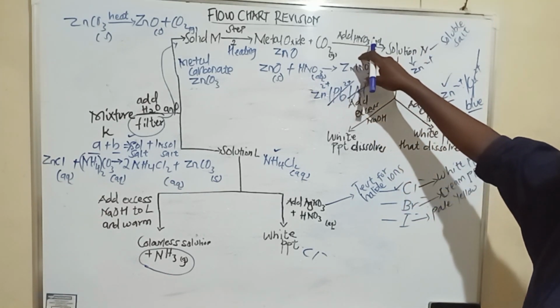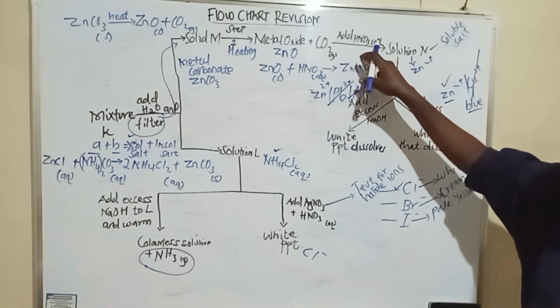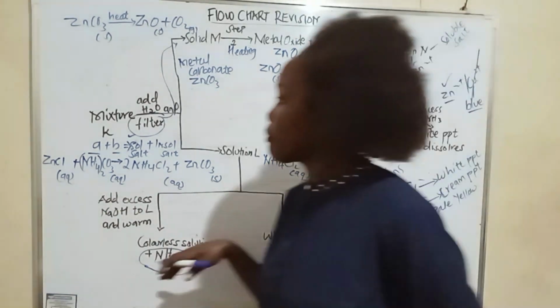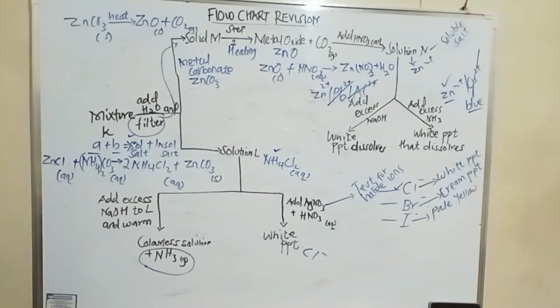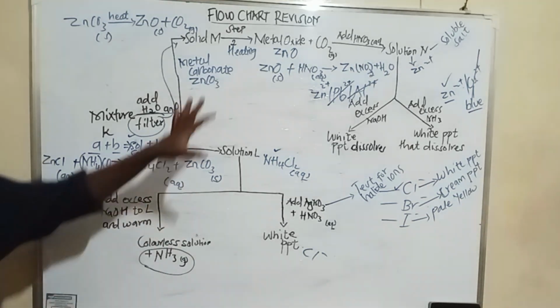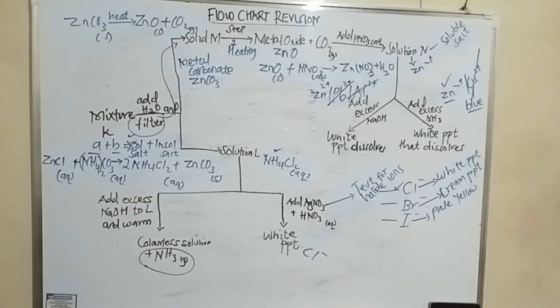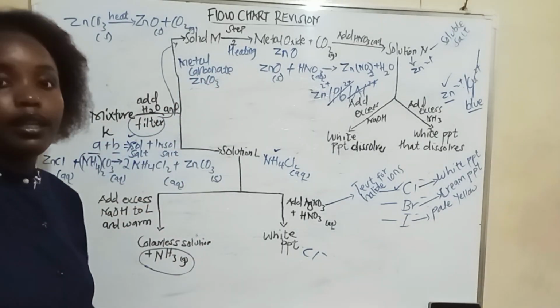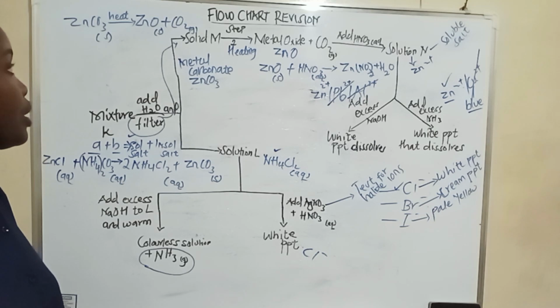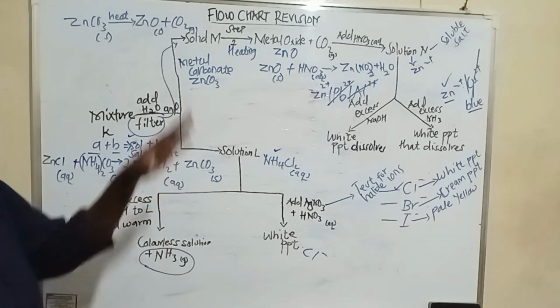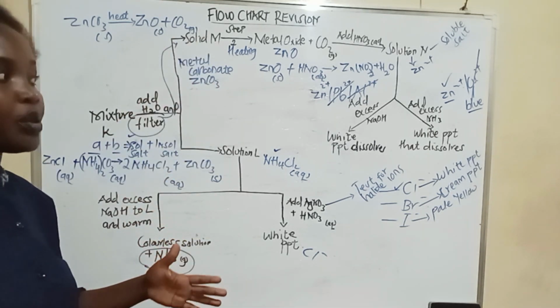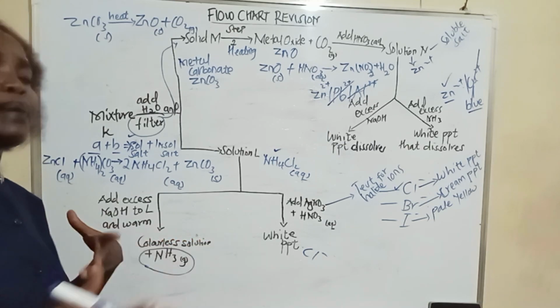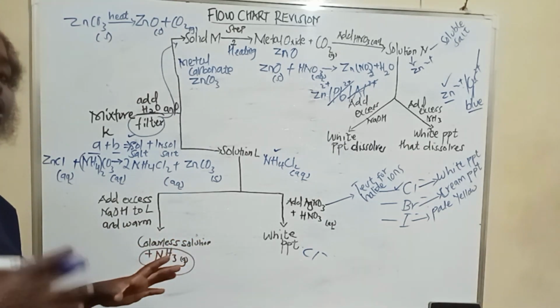Any other place where you're going to write an equation? That is how you are supposed to handle such a question. First, you subdivide it into 2 parts or 3 parts, or as many parts as you have, depending on the flowchart question.